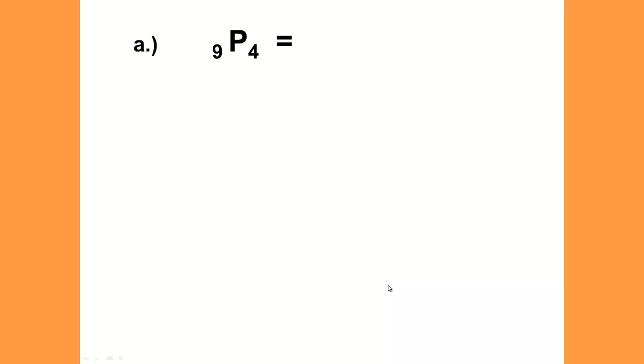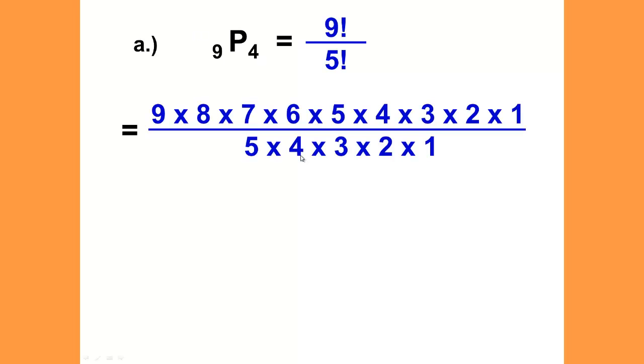Let's look at them one at a time, and we will start with 9P4, or 9 permutation 4. First, what does the formula tell us to do with the permutation? Remember, that means we're going to have 9 factorial on top and the difference, 9 minus 4, which is 5 factorial, on the bottom. Remember that 9 factorial means we count down from 9, 8, 7, 6, 5, 4, 3, 2, 1 on the top, all multiplied.